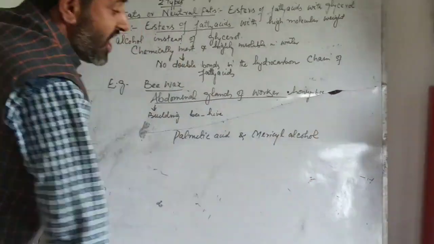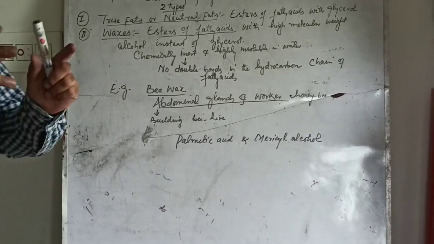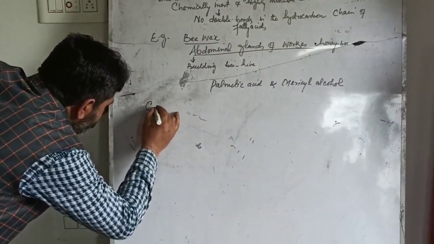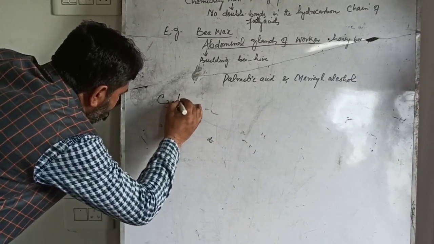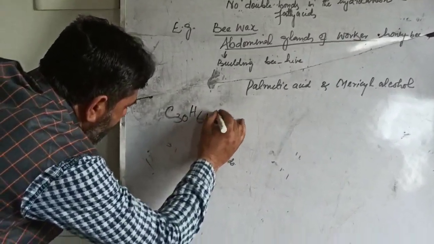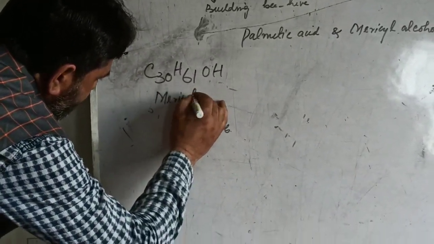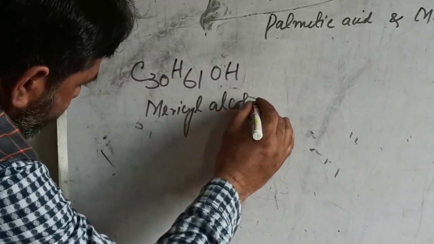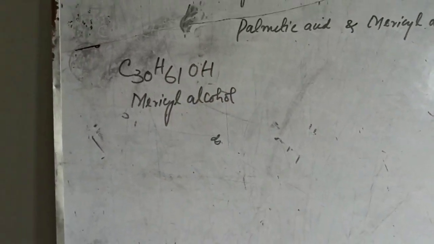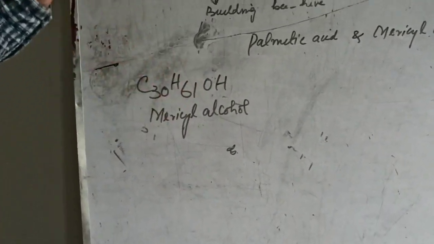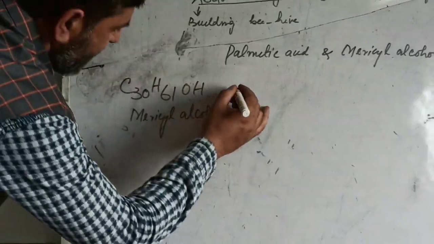Myricyl alcohol is a high molecular weight alcohol. I will take here myricyl alcohol, having the molecular formula C30H61OH.